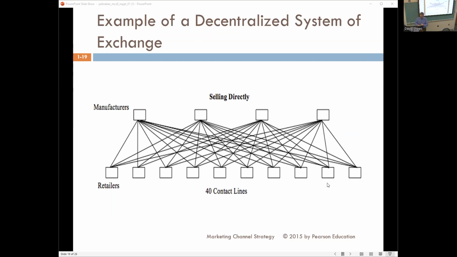We finished on Monday talking about the value, the benefits for both the upstream and the downstream members, of an efficient channel system. And we stopped on this, and I just wanted to go over it again and accentuate the advantages. If I were looking at 10 mom and pop retailers and 4 manufacturers of the same goods, like, as I said, candy, soft drinks, alcohol, cigarettes, we have all of these different contact lines that have to go on.